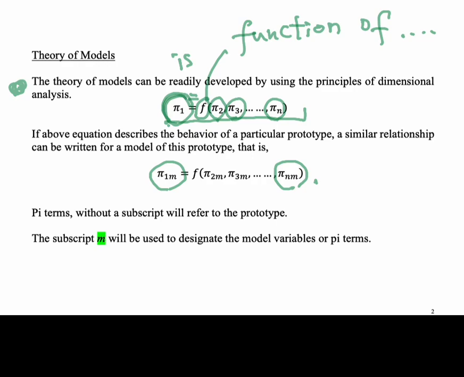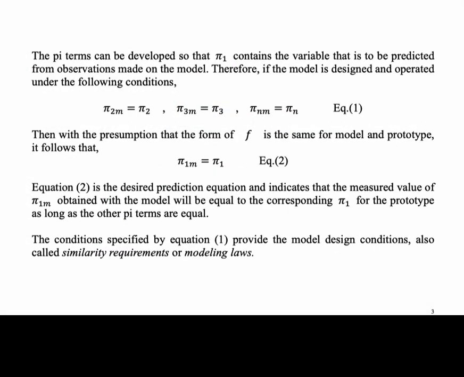Pi terms without a subscript will refer to the prototype. So this is the common rule, and the subscript m will be used to designate the model variable or pi terms. The pi terms can be developed so that pi1 contains the variable that is to be predicted from observations made on the model.